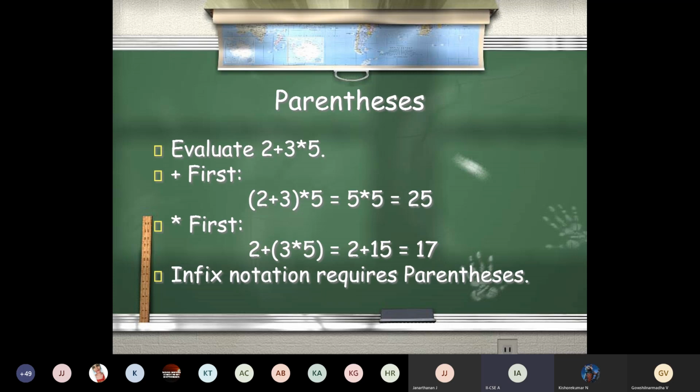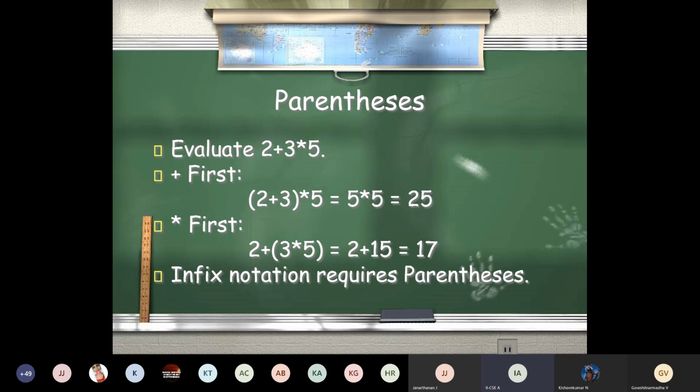There is one more way of solving this. If the parenthesis goes around 3 star 5, then my answer is going to be 2 plus 15, which is 17. So generically, if I write the expression 2 plus 3 star 5 in my program, there are two possible outputs, 25 and 17, but only one is true.